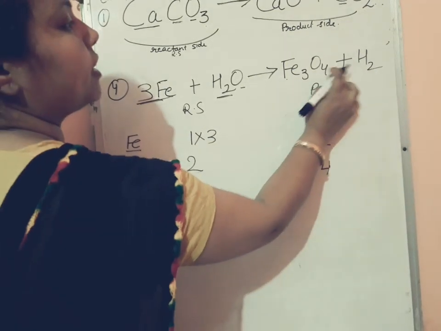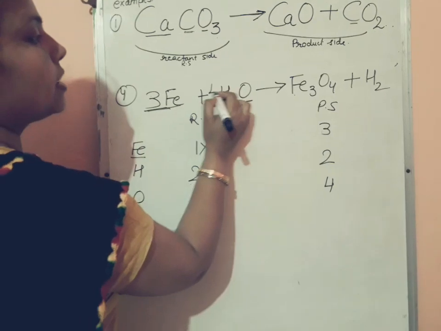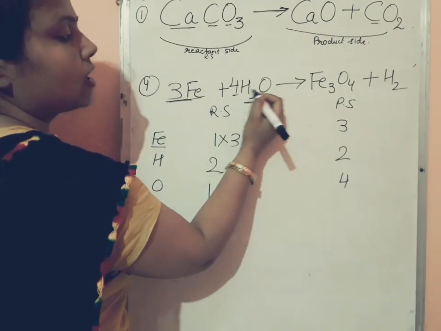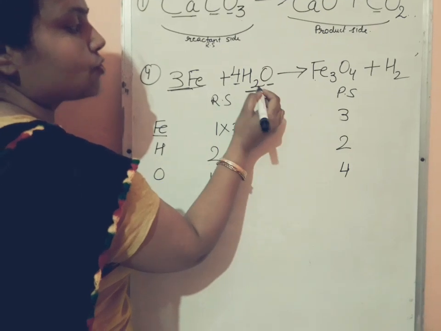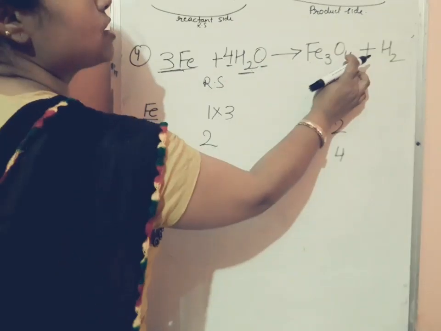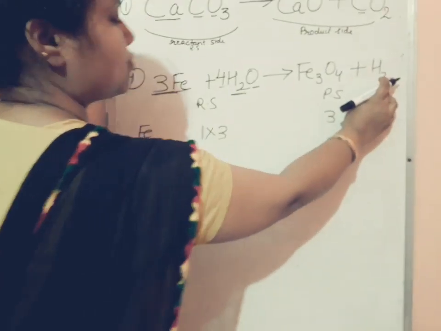Now there are 4 oxygen and there is only 1 oxygen, so we will multiply it by 4. When we multiply by 4, hydrogen becomes 8, 4 2s are 8, and oxygen becomes 4. So oxygen is 4 here and hydrogen becomes 8, and here hydrogen is 2.